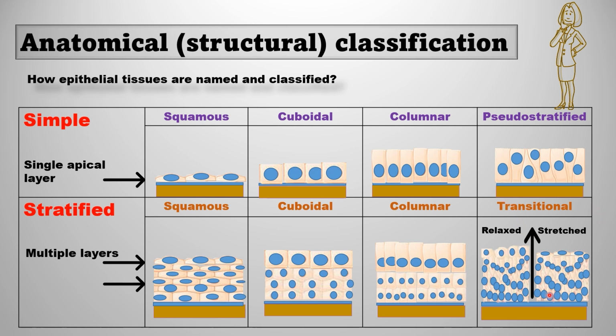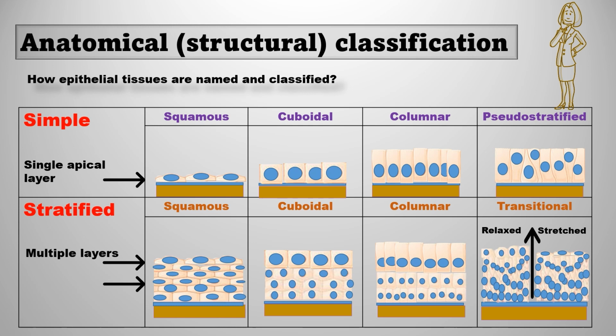Now it is very clear to you how we name the covering epithelium, depending on two facts: how the shape of the apical layer looks, and how those cells are arranged in layers.